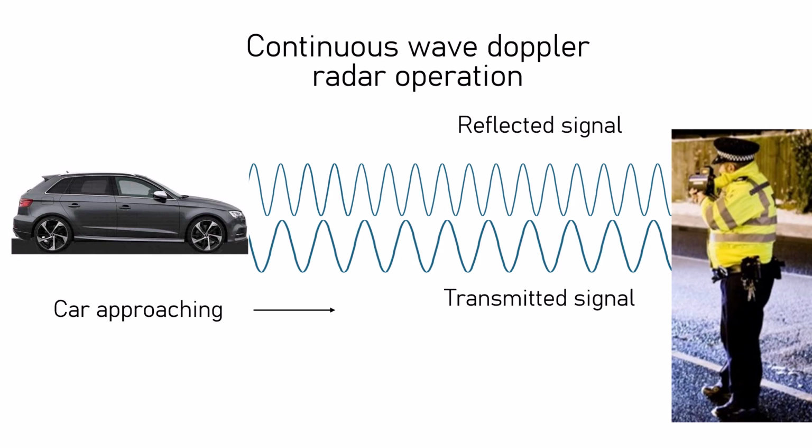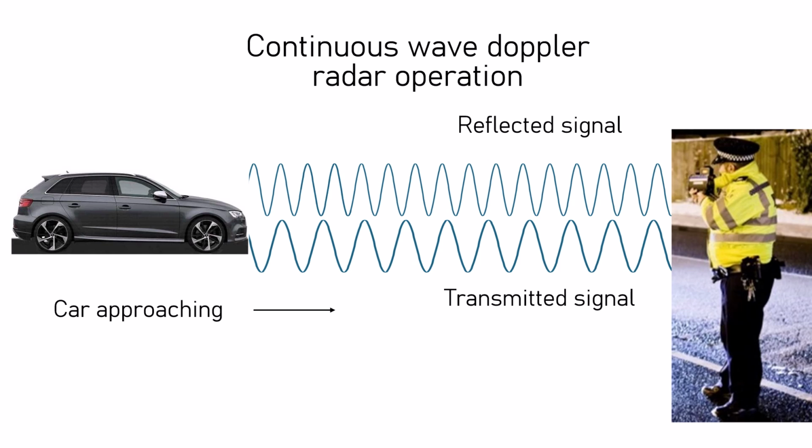If the target is moving toward or away from the gun, the frequency of the reflected radio waves when they come back is different from the transmitted waves. This is due to the Doppler effect. When the object is approaching the radar, the frequency of the return waves is higher than the transmitted waves. When the object is moving away, the frequency is lower.